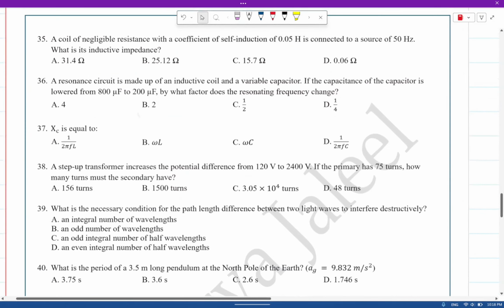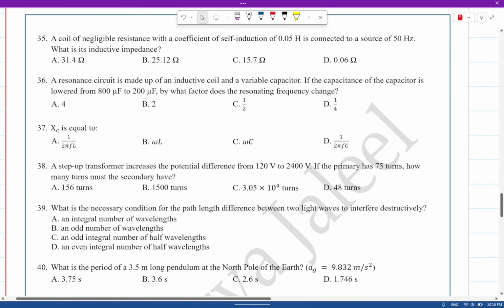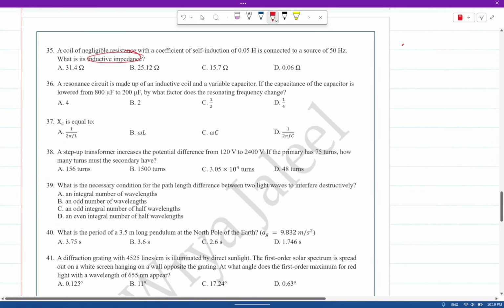All right. Question 35 says, a coil of negligible resistance with a coefficient of self-induction of 0.05 Henry is connected to a source of 50 Hertz. What is the inductive impedance? Now, whenever it says inductive impedance, that is basically XL.